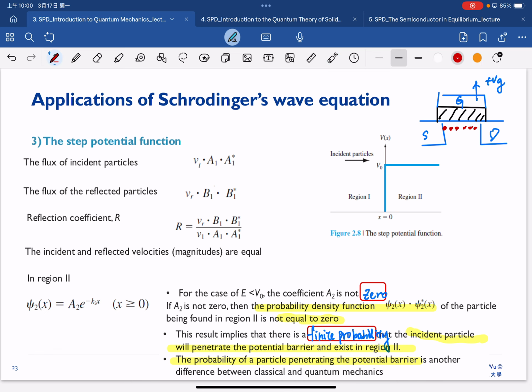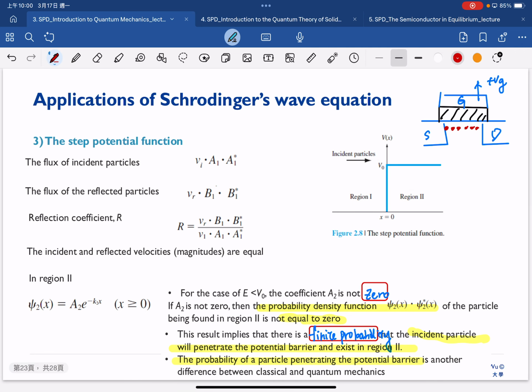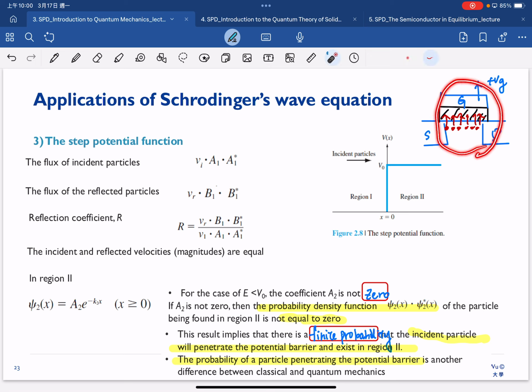So actually, the particles in the channel are incident toward the top. This is exactly the case we are talking about here.